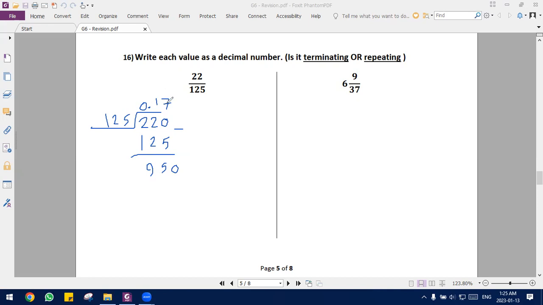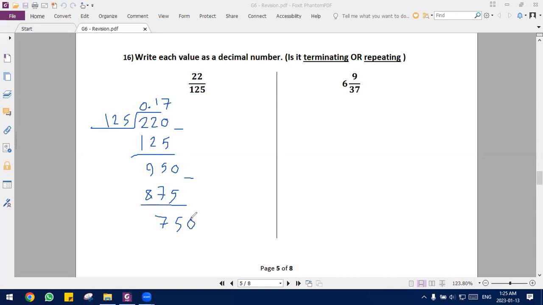Now we multiply 7 by 125, which will be 875. Now next step we subtract, which is 75. Now do we have a value to take down? No, so we add a 0.